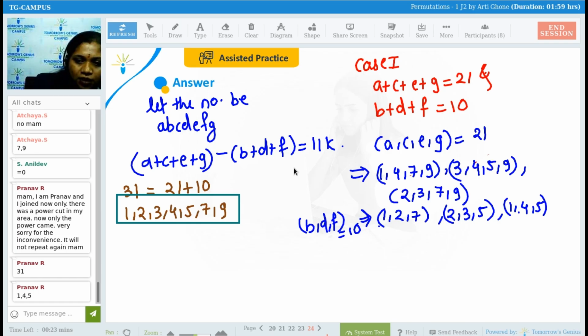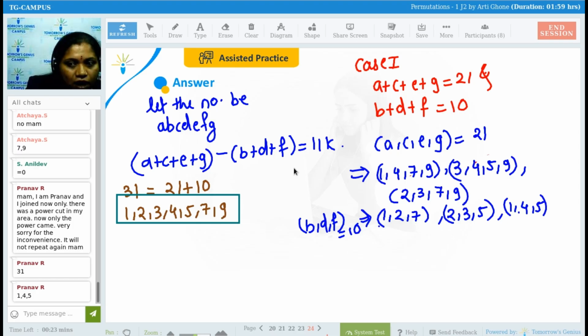Internally, now see, these numbers can change their position. Pay attention, extreme attention over here. 1479. We are not saying that A is always 1. A is taking 4. So if A is taking 4, then anyone from C, E, G can take 1, and anyone from E, G can take 7.